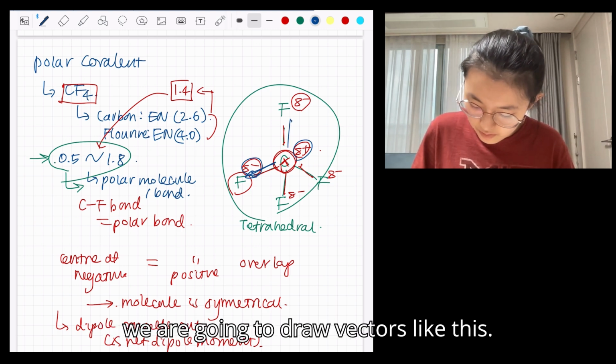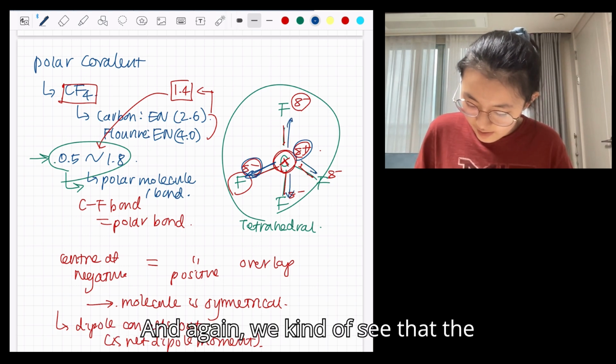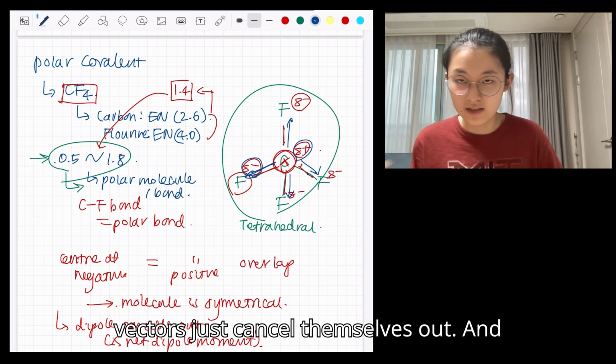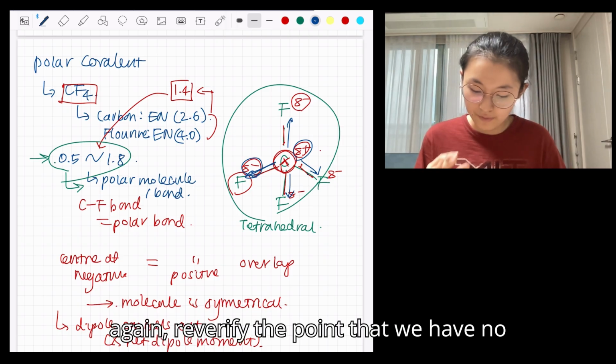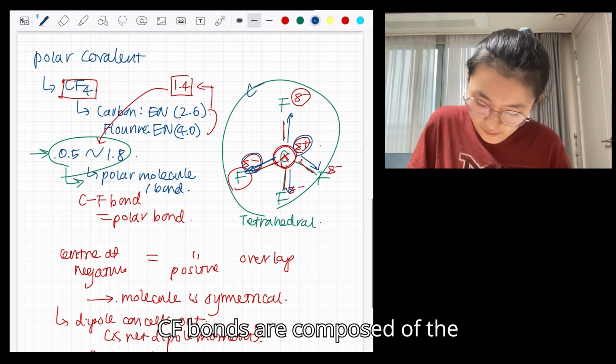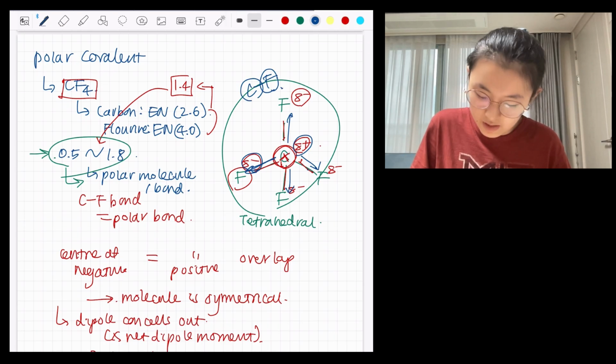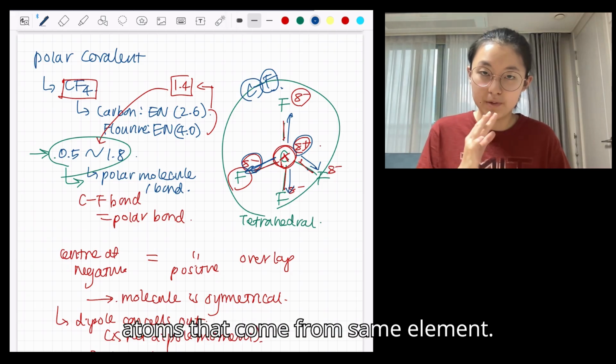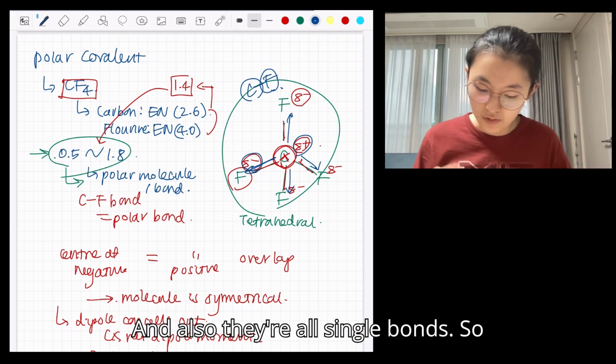So we are going to draw vectors like this. Again, we see that the vectors cancel themselves out, re-verifying that we have no dipole moment, because all of these CF bonds are composed of atoms from the same elements, and they're all single bonds.